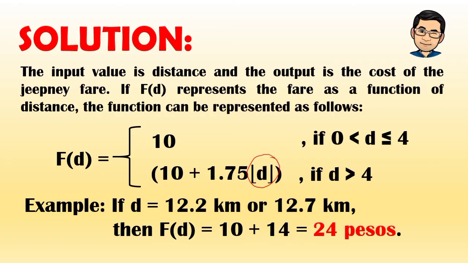And then, yung sumobra dun sa 4 kilometers is, halimbawa, nakakover ka nga ng 12. So, 12 minus 4 is 8. And then, yung 8 na yon imumultiply dun sa 1.75, kaya naging 14. So, ang sagot is 24 pesos. Again, kahit na 12.2 km or 12.7 km ang na-cover mo, ang babayaran mo is 24 pesos lang.